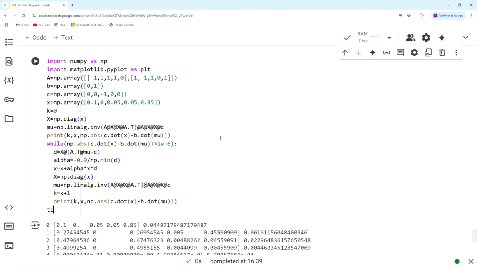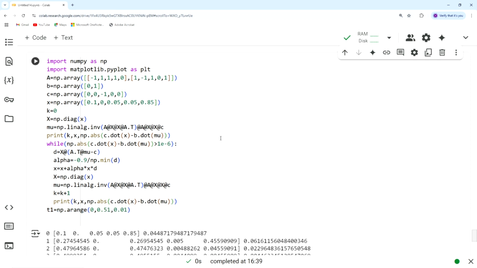So let me say T1 is np dot arange of 0 to 0.51 in steps of 0.01, and T2 is 0.5 to 1.01. We need to write 1.01 because the last one is not counted.